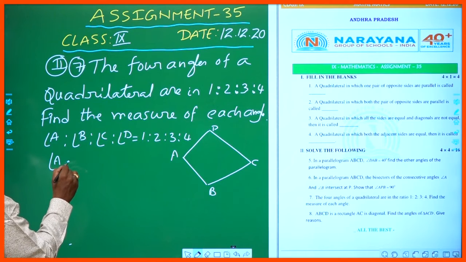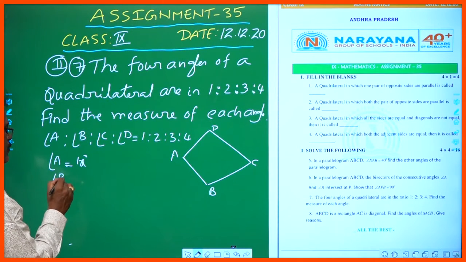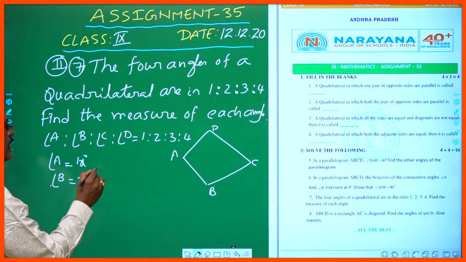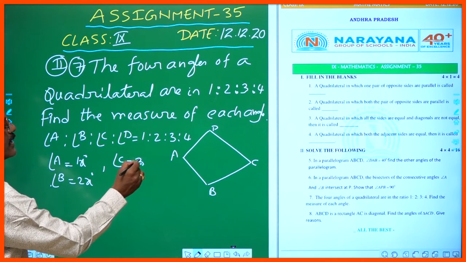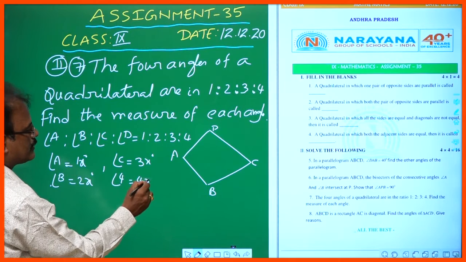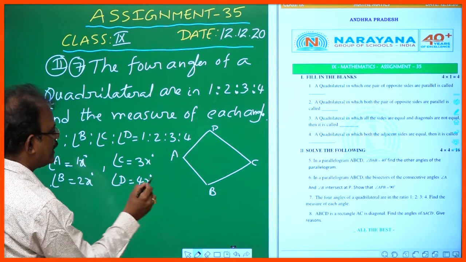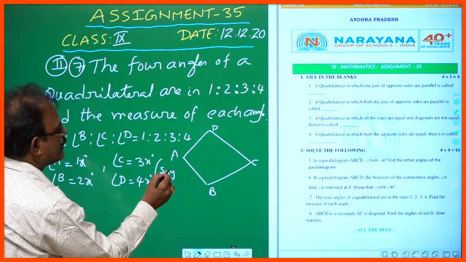So from that, angle A is equal to 1x, angle B is equal to 2x, angle C is equal to 3x and angle D is equal to 4x.